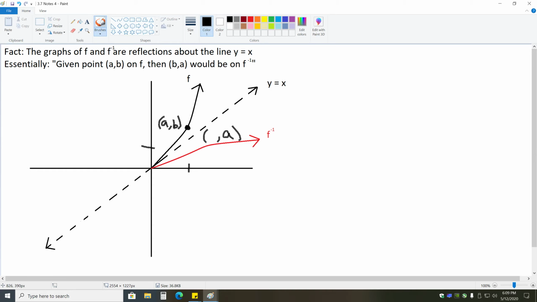And the y value b, which was here, now becomes the x value b, which is now here. So we are swapping the x and y values, or reflecting over the line y equals x, to create these inverse graphs.